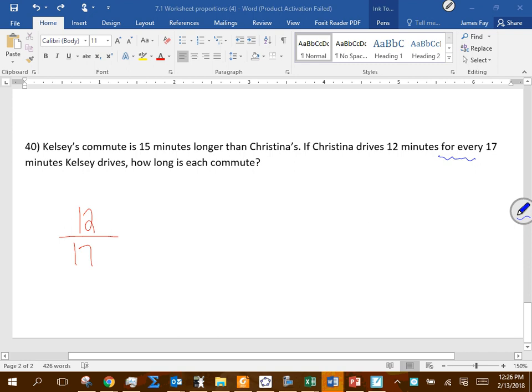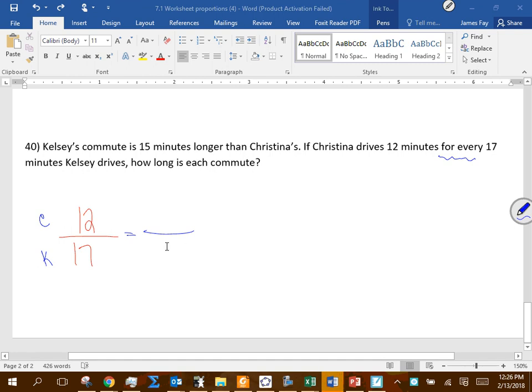The 12 was for Christina, and the 17 was for Kelsey. I just put little labels on the side. They don't mean anything for the algebraic calculations, but they help me decide how I write this second fraction.